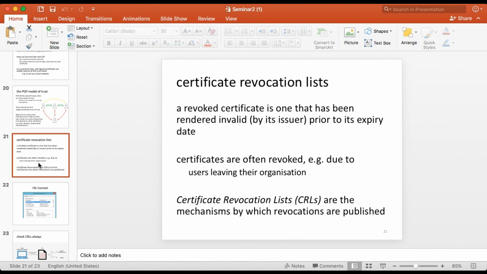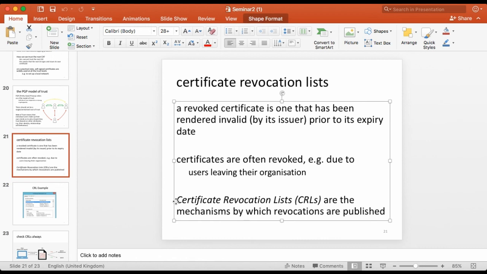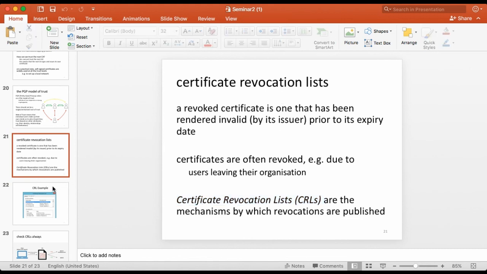Generally, organizations or systems or departments maintain what's known as a certificate revocation list. This is like a blacklist containing all the bad certificates, the certificates that have been revoked.